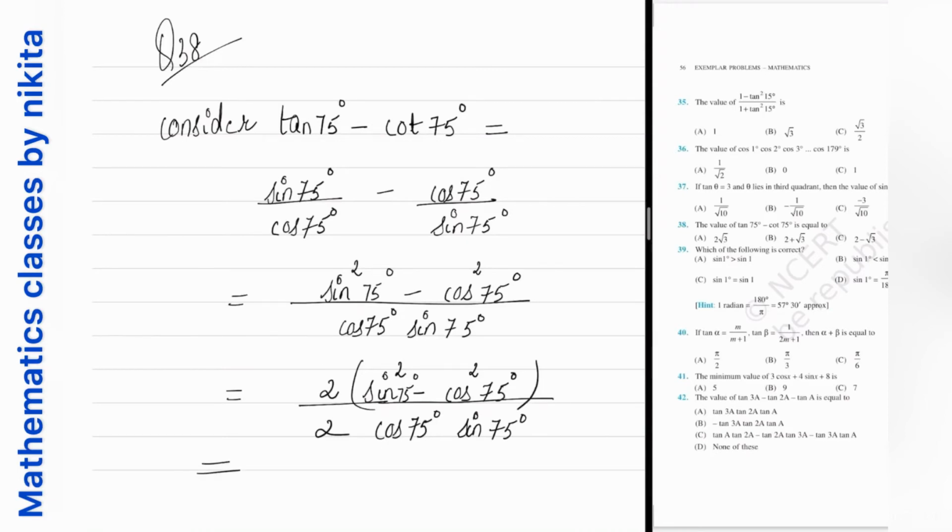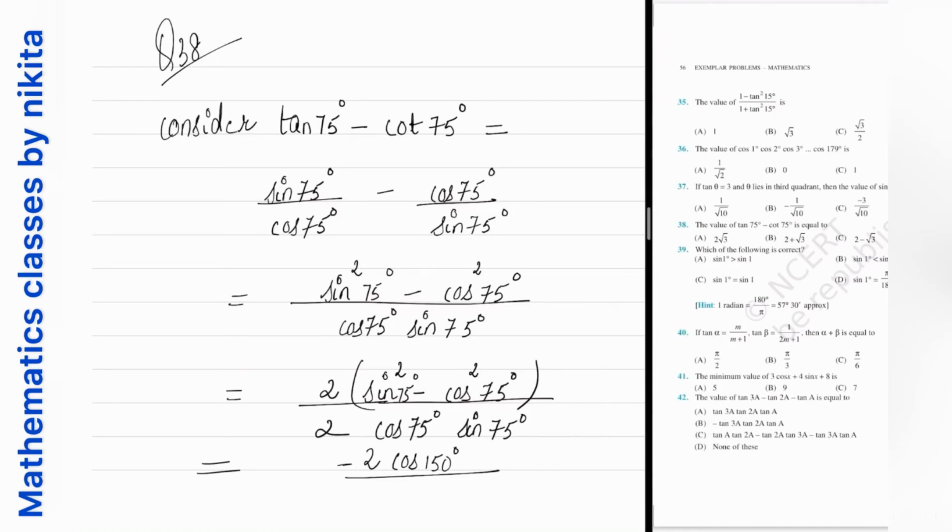Now in the numerator you will have minus 2 cos of 2 into 75 degrees, that is 150 degrees, because we have used the formula of cos 2 theta. Cos 2 theta is cos square theta minus sin square theta.